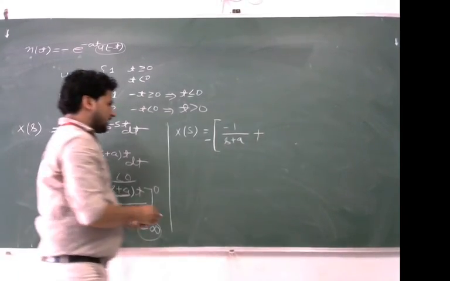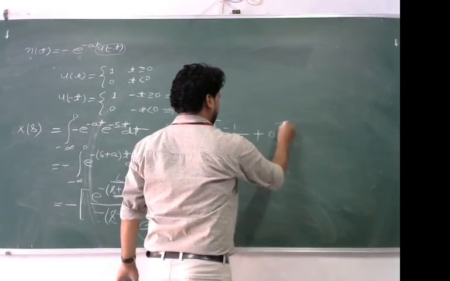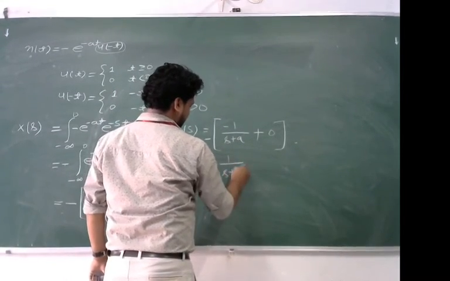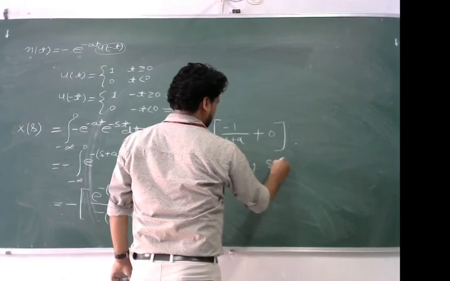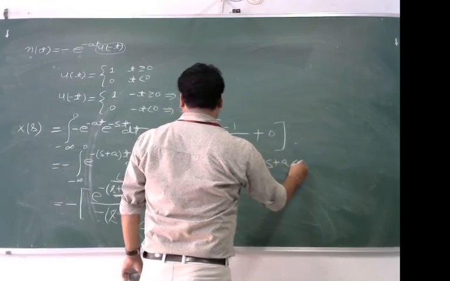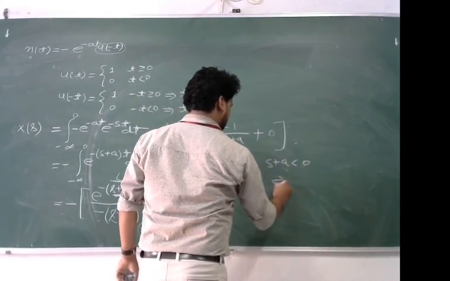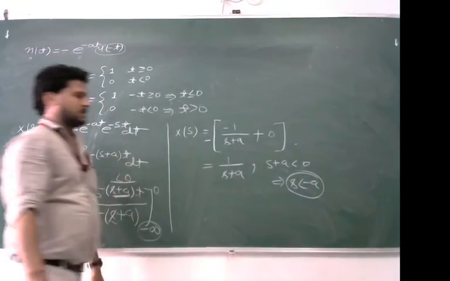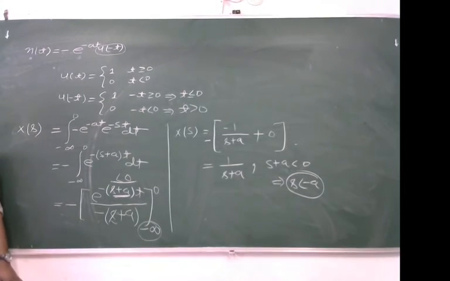So this will converge only when s plus a is less than 0, or we can say that s is less than minus a. This is the region of convergence for this equation.